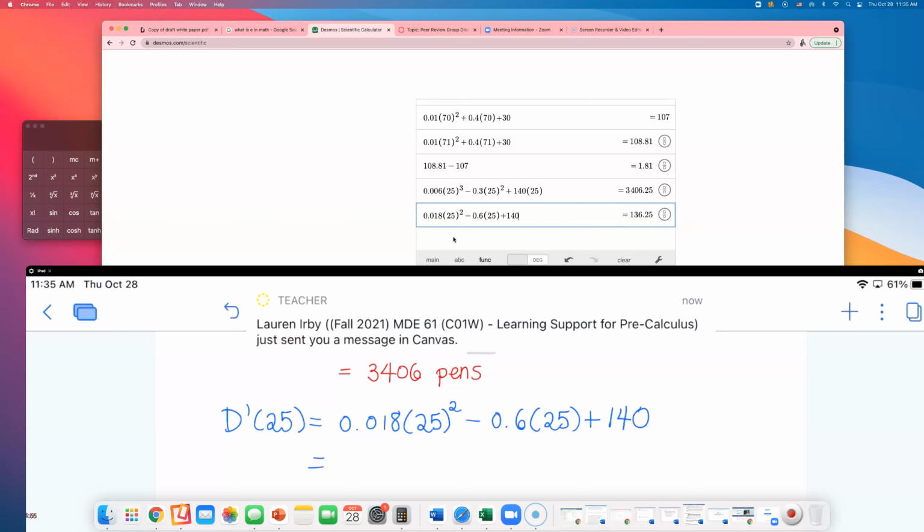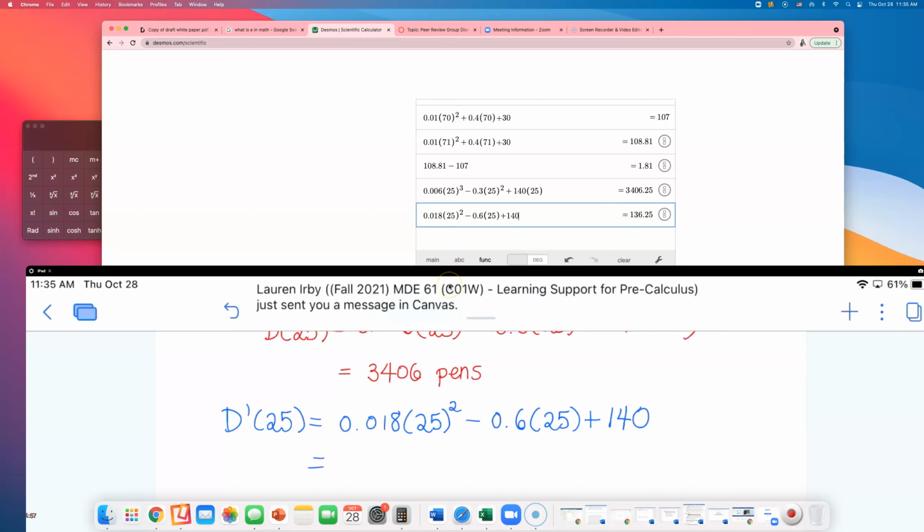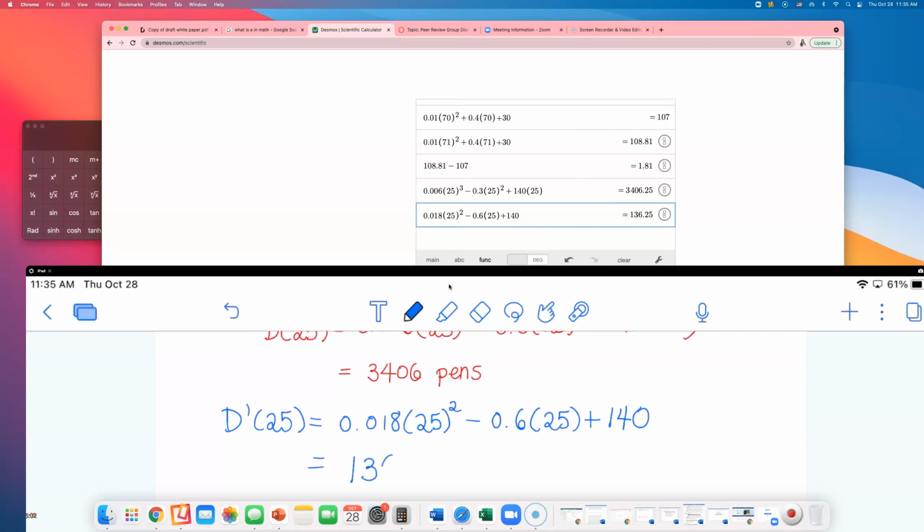The number came out to be 136.25 pens per dollar.